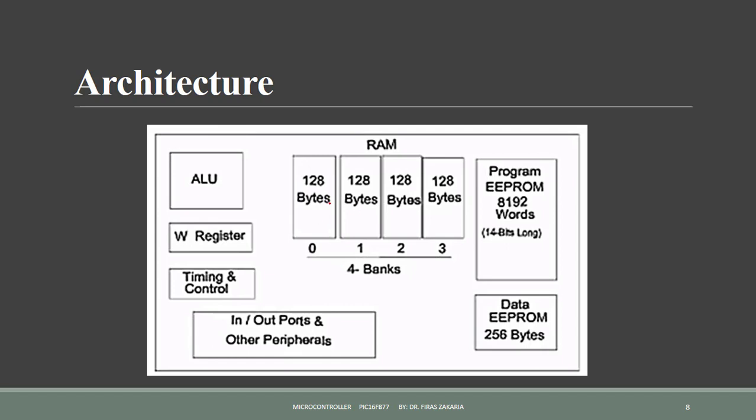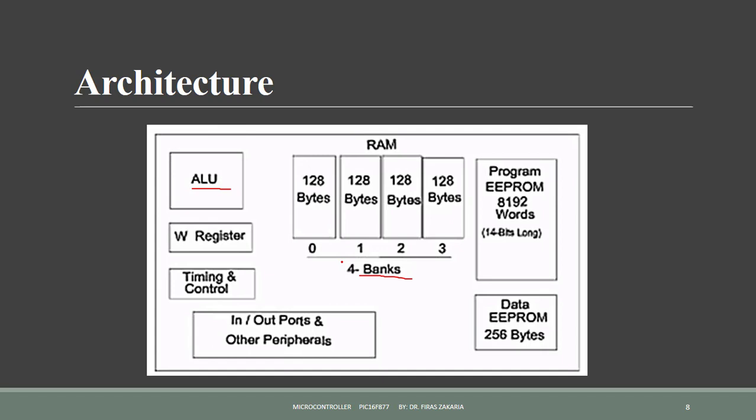So the PIC microcontroller CPU consists of the ALU, the arithmetic logic unit. It's mainly used for arithmetic operations and to take logical decisions. The data memory of PIC16F877 is separated into multiple blocks called banks.